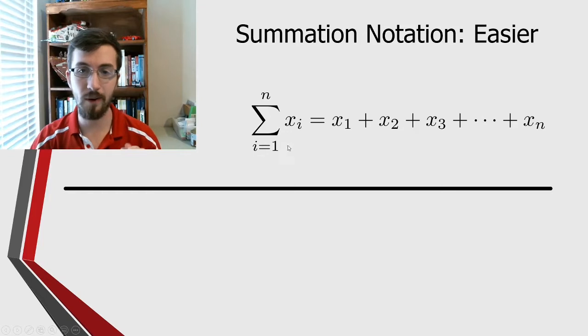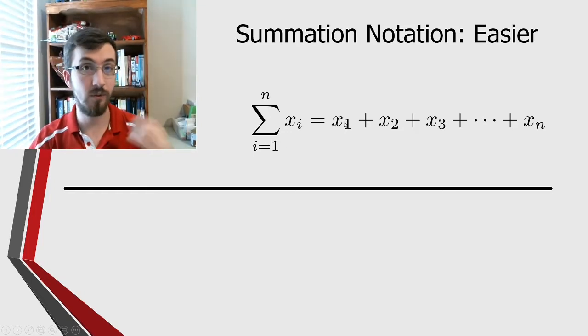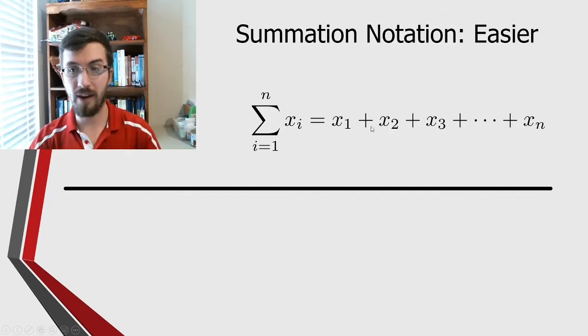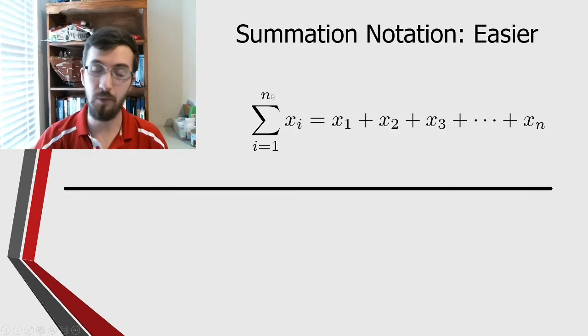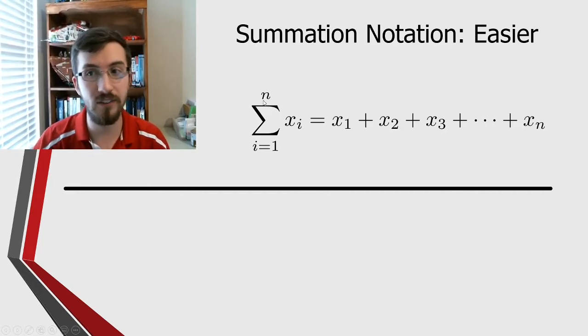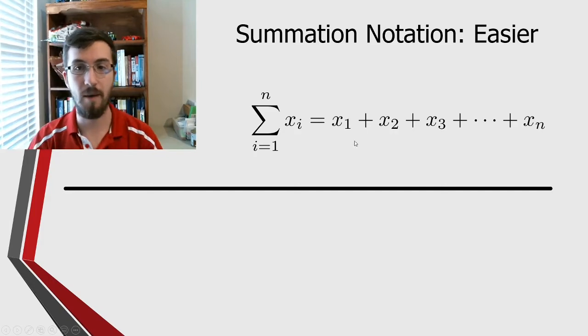So when i is 1, we have x sub 1. Then we go to the next one, so we're going to add an x2. And we're going to go all the way up and add all of the x's until we get to xn. And we'd probably be told what n is, right? It'd be 5, it'd be 10, 45, whatever it is, that's where we're going to stop.